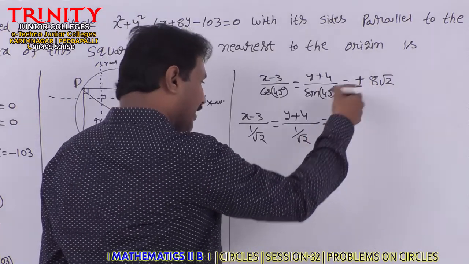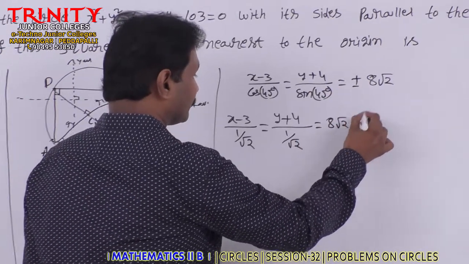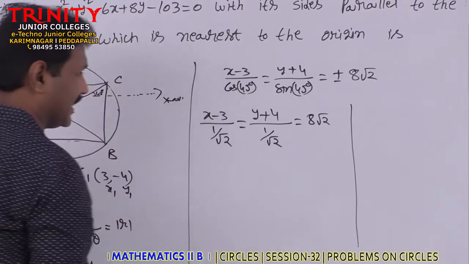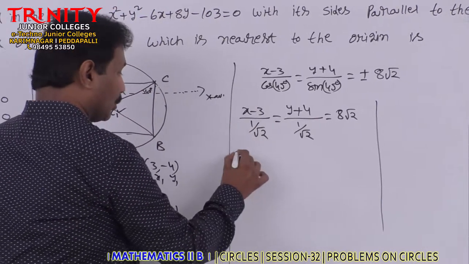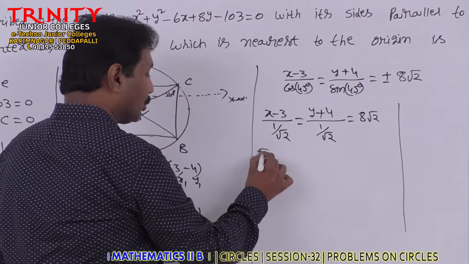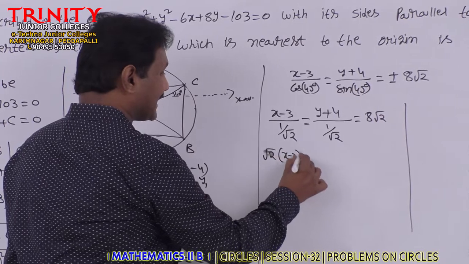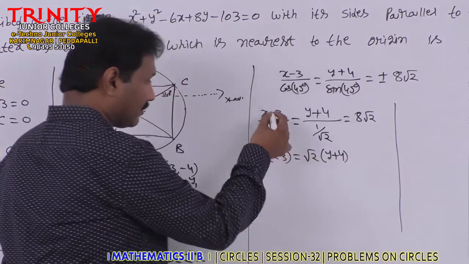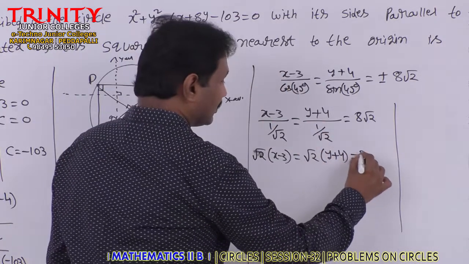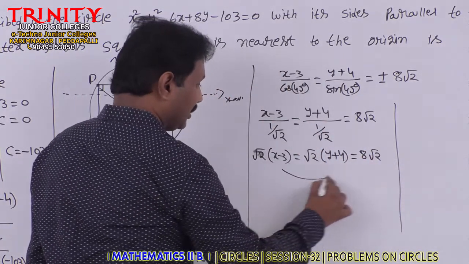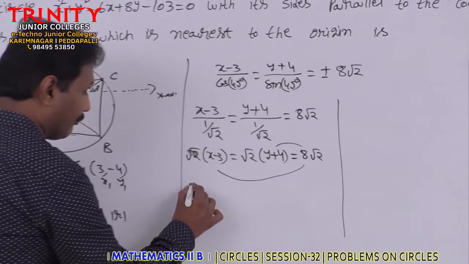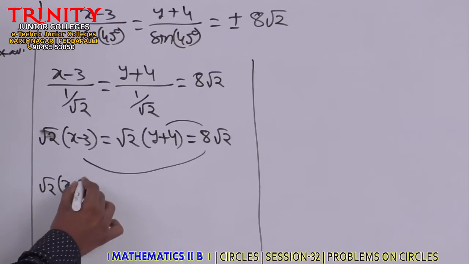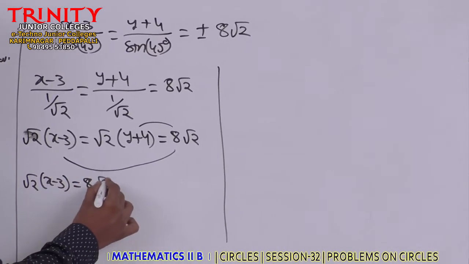First we take 8 root 2, later we take minus 8 root 2. In this case, root 2 into (x minus 3) equals root 2 into (y plus 4), which equals 8 root 2. So root 2 into (x minus 3) equals 8 root 2.